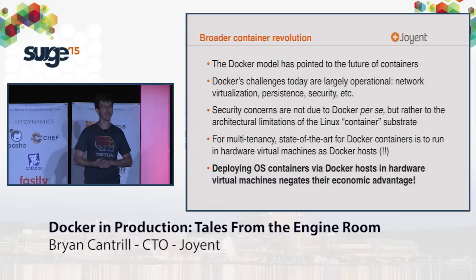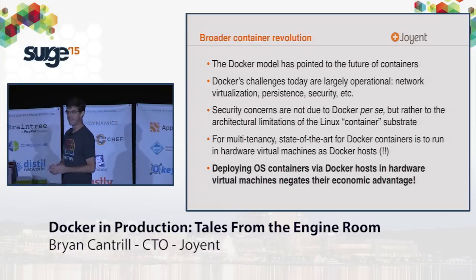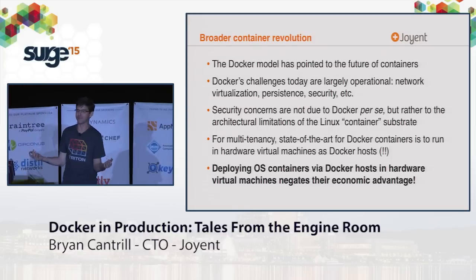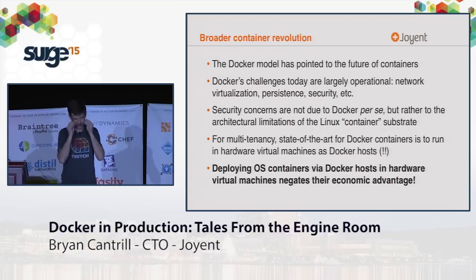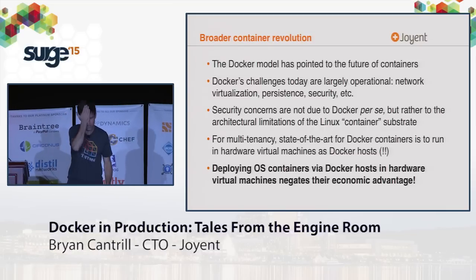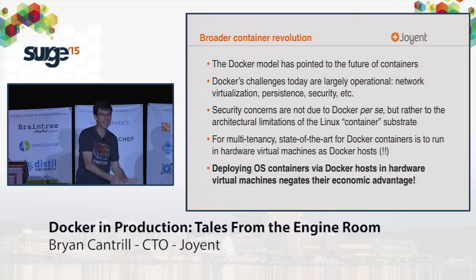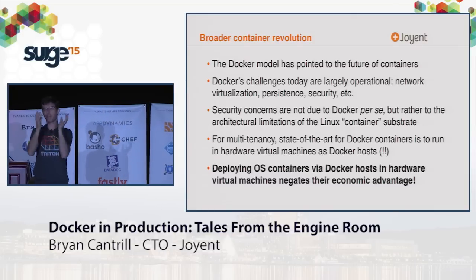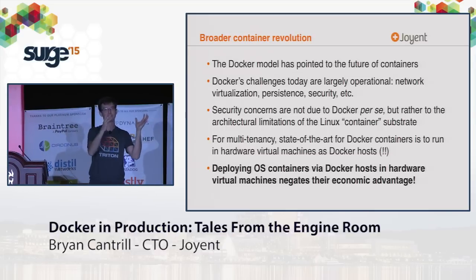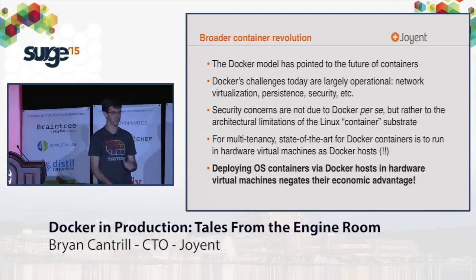To those of us who've been deploying containers in production for a long time, people say, well, God, I love containers, but they just can't be made secure in production. You're just like, no. We've been doing this for so long. I understand why you think that, because you're conflating containers with Docker, and you're conflating containers with the Linux implementation of containers.